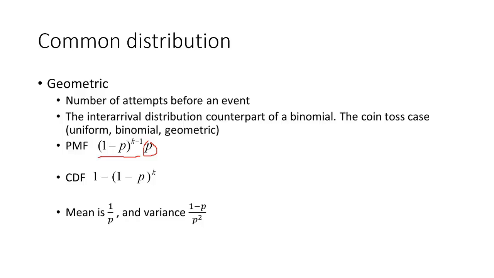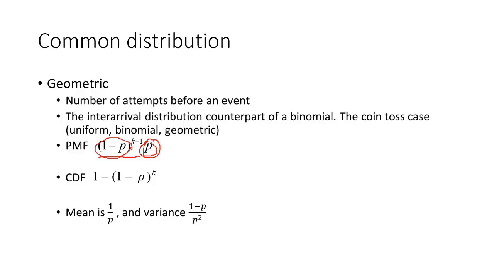So let's say I want to know the probability of taking 3 tosses to get a heads. That means for the first 2 tosses, since 3 minus 1 is 2, I should have gotten a tail. What's the probability of getting a tail? That's 1 minus p. So 1 minus p to the power of k minus 1 says that before the success happens I need to see k minus 1 failures, and then finally the probability p of that one success.